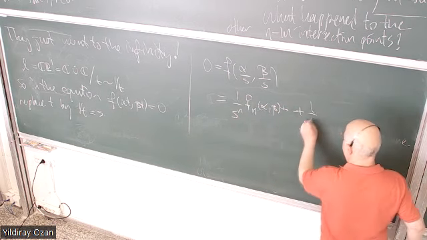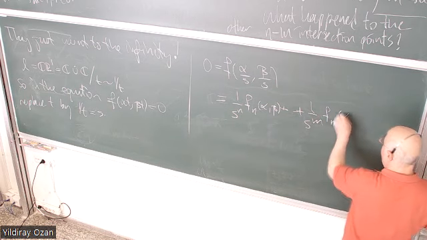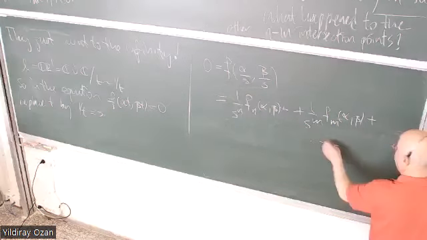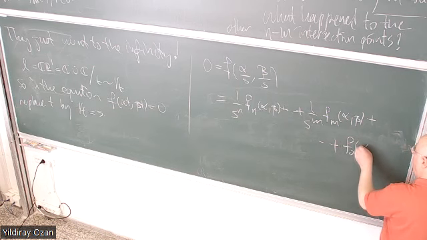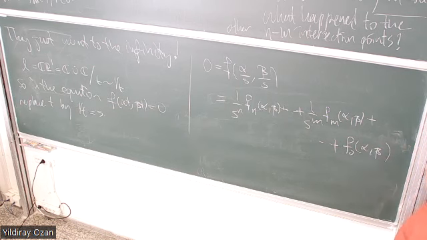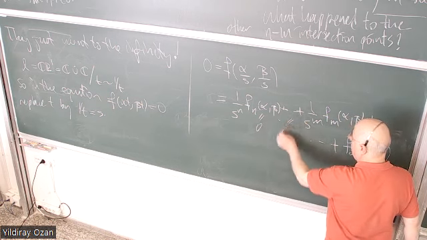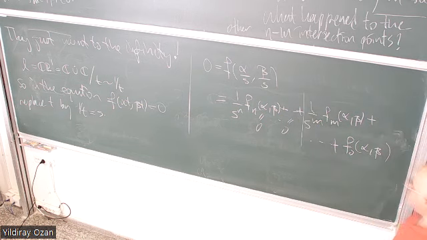Nereye kadar? S üzeri m, F_m alfa beta artı nereye kadar? F_0 alfa beta. Şimdi zaten şunları biliyoruz. This was 0. So everything here is 0 except till this point.